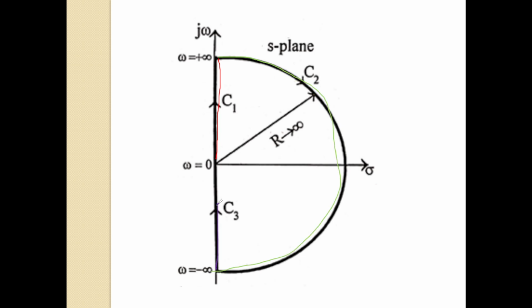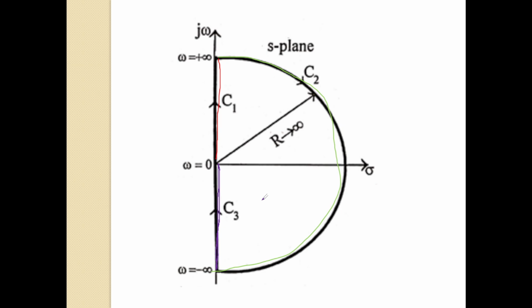Okay, so a total of three sections are there in this right side contour, which is called the Nyquist contour. So C1, C2 and C3, three sections are there in this Nyquist contour.